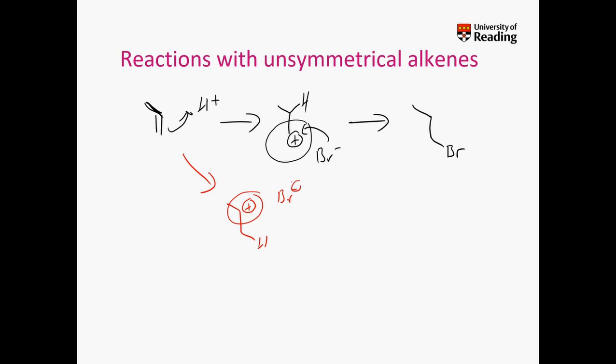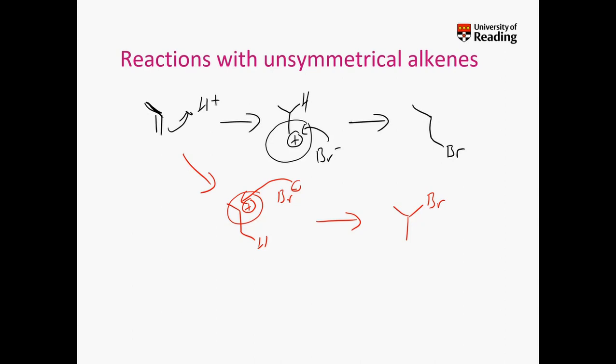Okay, so if we continue the reaction here, we would end up with this product. Okay, and what we know from the material that Professor Osborne talked about is that a secondary carbocation is more stable than a primary carbocation.